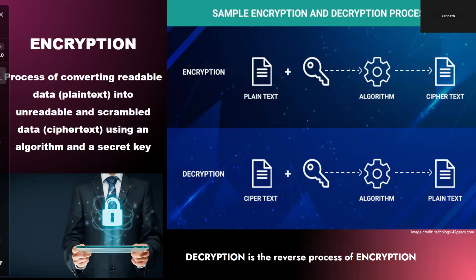If you want to protect that thing against unauthorized access, even if there is a breach, and the breach got your plain text, they will be able to read whatever is in the document. But if the file is in ciphertext, which is encrypted, and those people that breached it do not have the decrypting requirement, they won't be able to decrypt it. So they will only have scrambled data that is not readable to them, even if there's an attack.